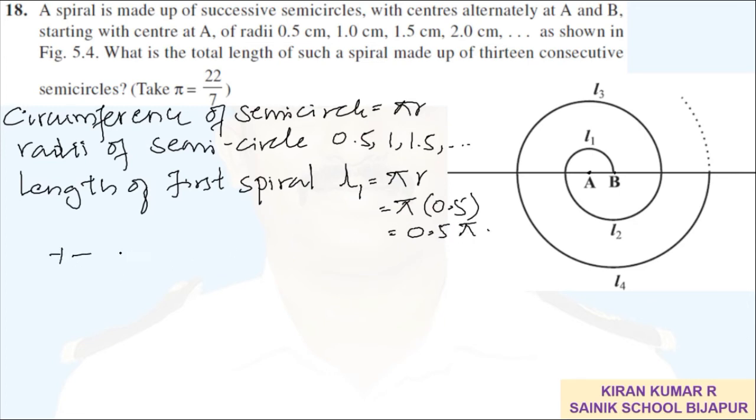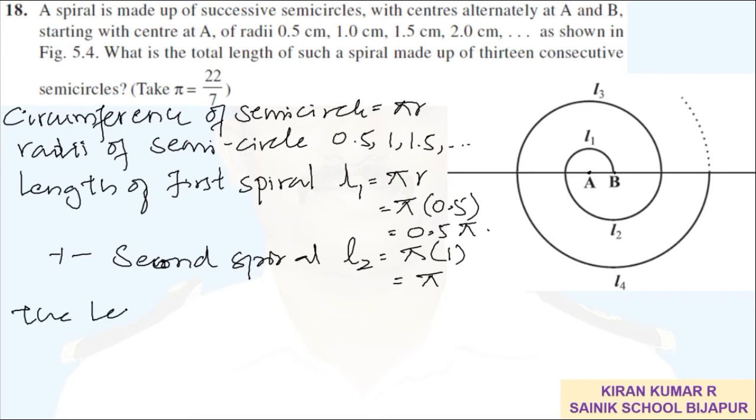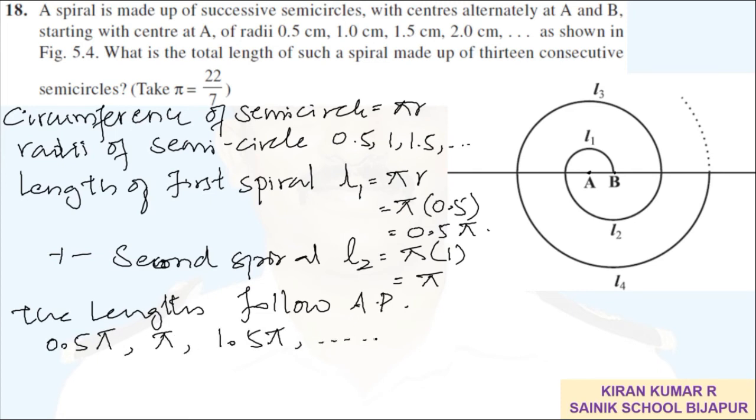For the second semicircle, L2, it will be pi times the next radius, so it is pi. In the same way it is continued, and the lengths follow an arithmetic progression, like 0.5 pi, next is pi, next is 1.5 pi, and so on.